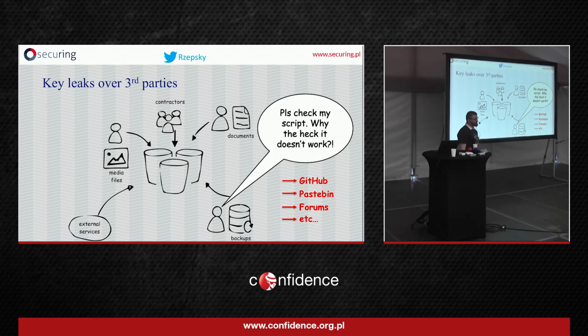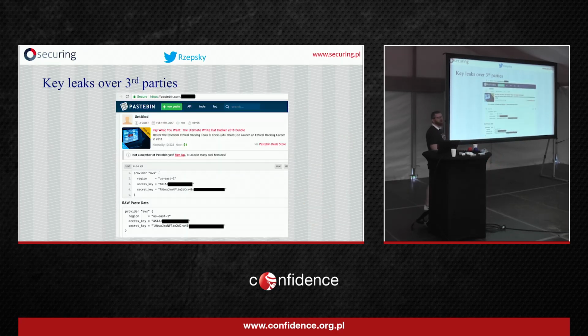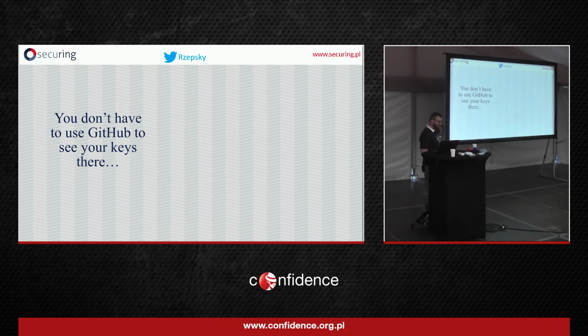And unfortunately, it is a source of many key leaks. For example, here's a Pastebin, and someone just shared keys in a secure way, right? However, Pastebin is analyzed all the time by bots. And this is quite interesting, so you don't have to use GitHub to see your keys there.